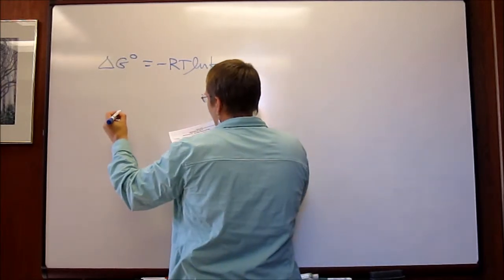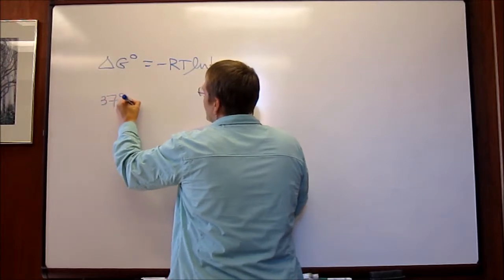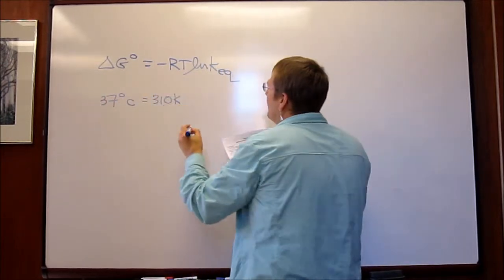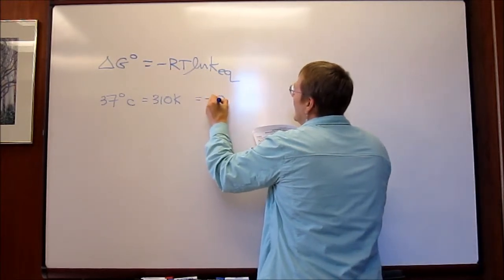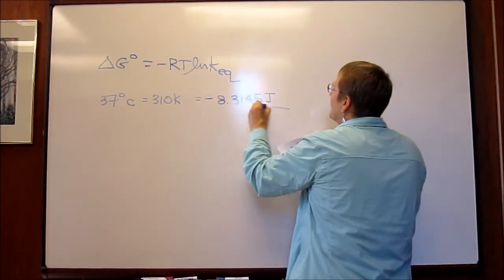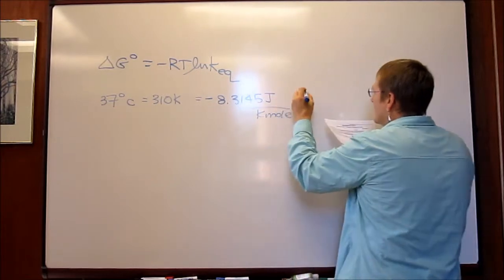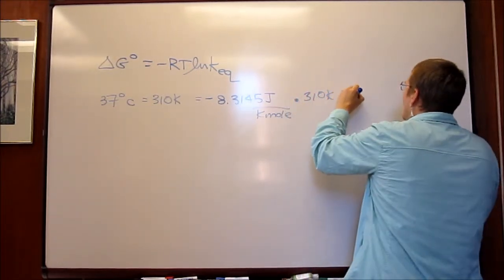And we have the case that temperature number 1 is 37 degrees Celsius, which is equal to 310 Kelvin. If we put that in, we have the delta G naught equal to negative 8.3145 joules per Kelvin mole times 310 Kelvin times the ln of KEQ.